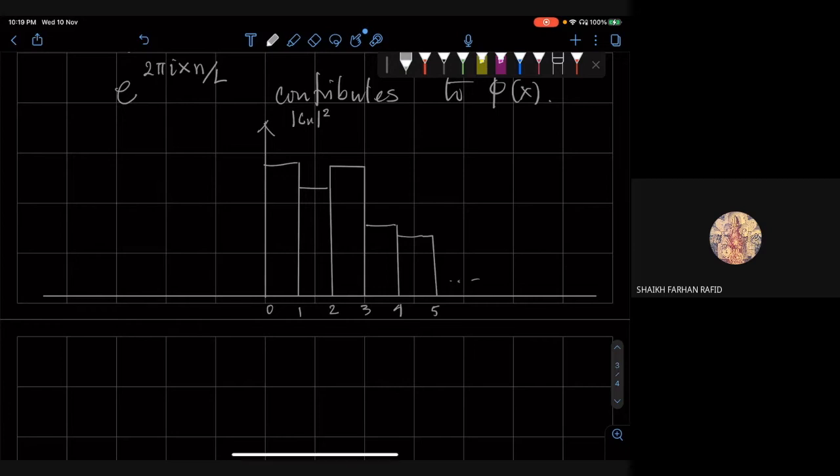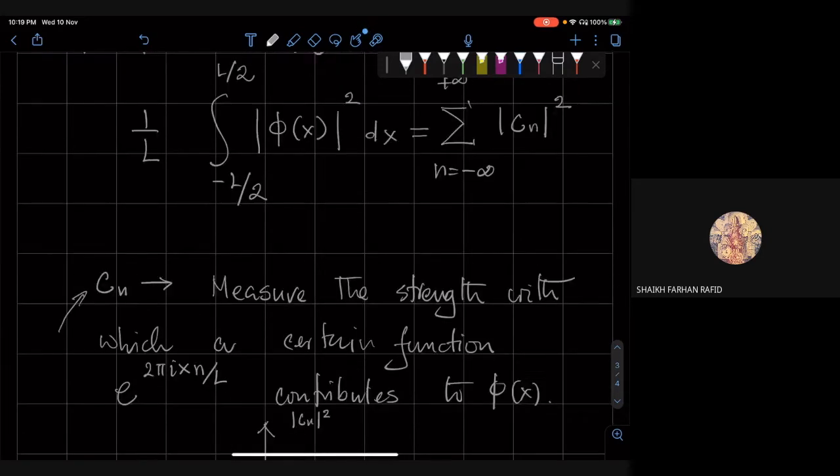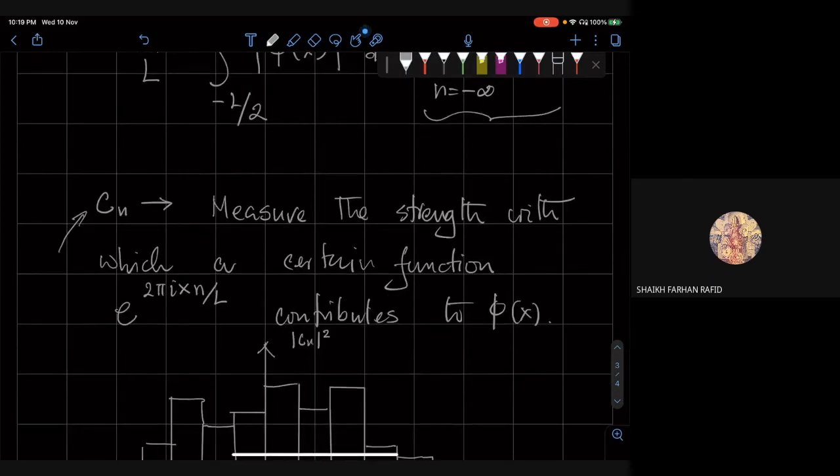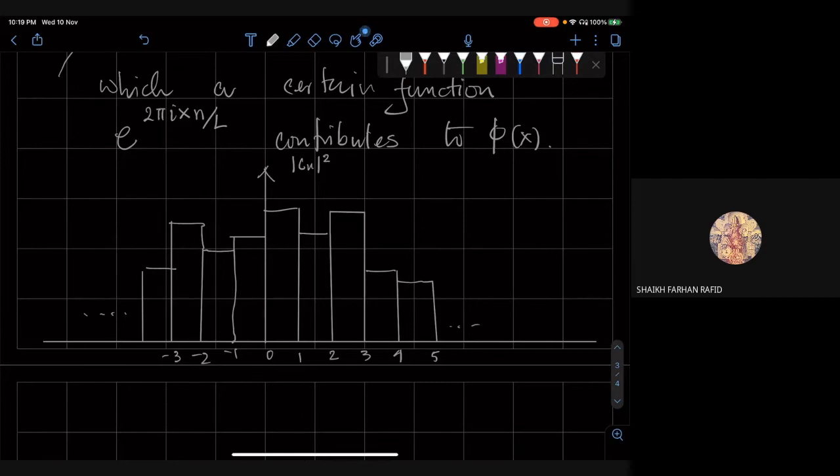In principle, there are an infinite number of these things. But for some particular function, there may just be a finite number. But the amplitude would be such that this sum would be a convergent sum. Okay. So this is one interpretation of the right-hand side of Parseval's formula.